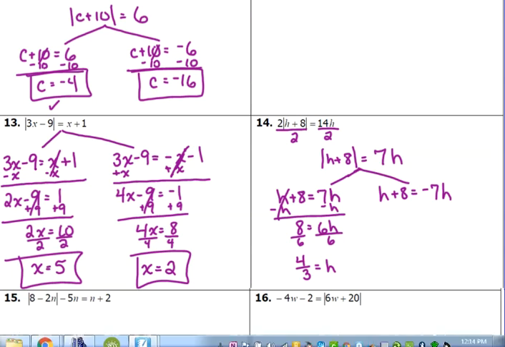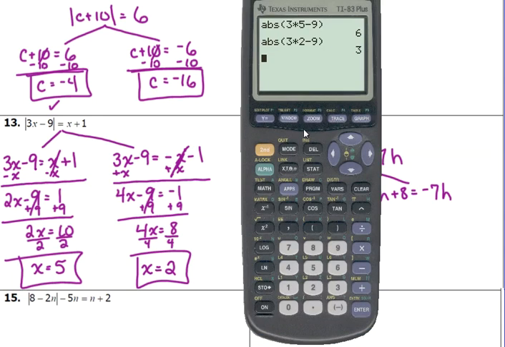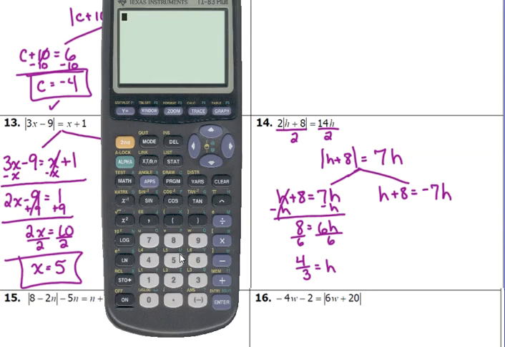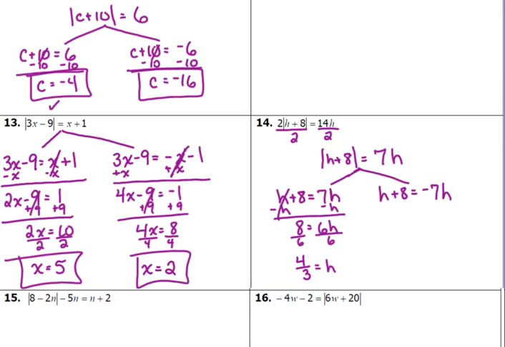Use the fraction. If you don't know how to reduce that without the calculator, then go to the calculator. 8 over 6, you know that doesn't divide evenly. So just go ahead and math enter. Turn it to a fraction. 4 over 3.